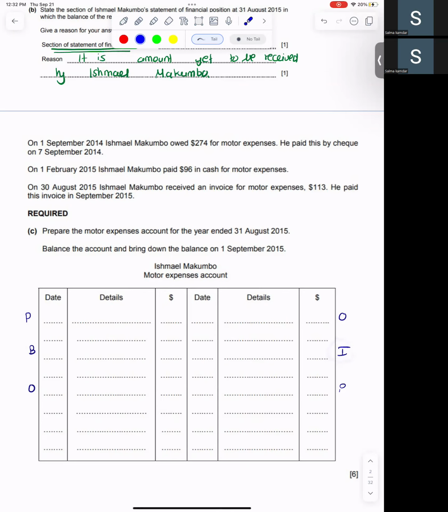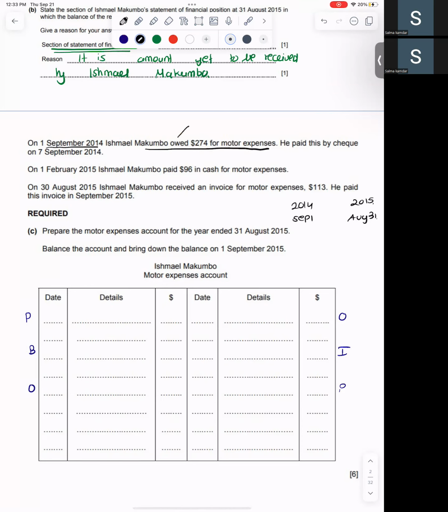Let's see. My first date is 2014 September 1. So my last day is 2015 August 31. So on the first date, Ishmael Makumbo owed 274 for motor expenses.